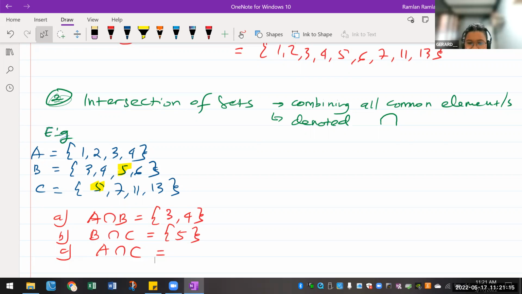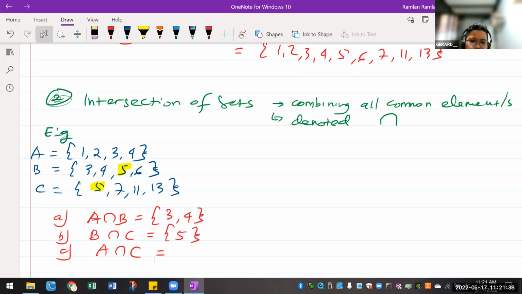Pertanyaannya, ada nggak elemen yang sama di antara A dan C? Nah, dari A dan C itu ada nggak elemen yang sama?